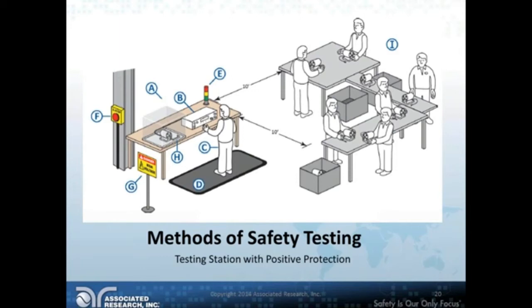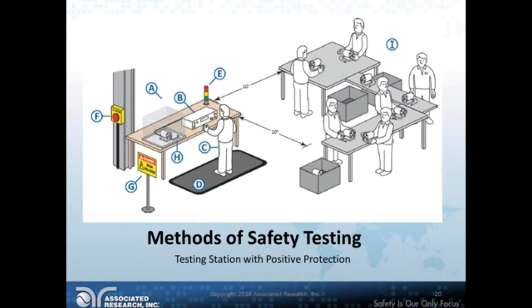You'll notice that I have some markers there, a 10-foot marker. The reason I put that in there is per OSHA guidelines. If you are somebody who is not qualified to work in an electrical safety testing setup, the minimum approach distance for a workstation like this is 10 feet.